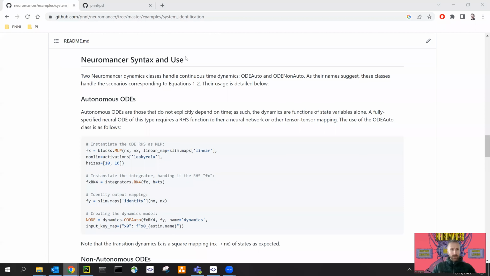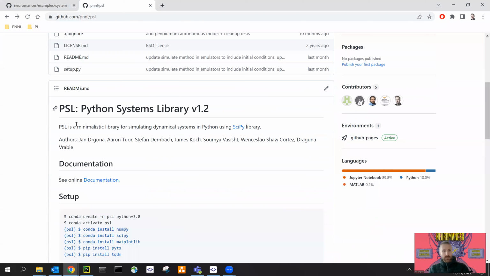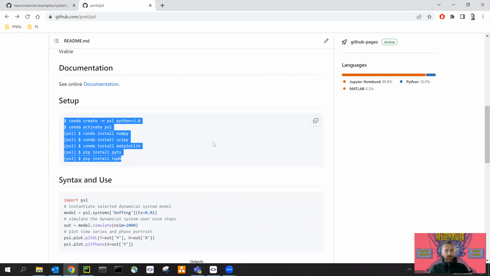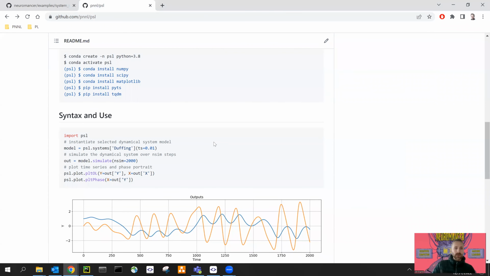So, a very quick sneak peek into PSL. It's a minimalistic library that provides you with high-level APIs for defining and solving ODE type problems using the SciPy library. It's a rather straightforward setup. It's very minimalistic and doesn't require a lot of dependencies.